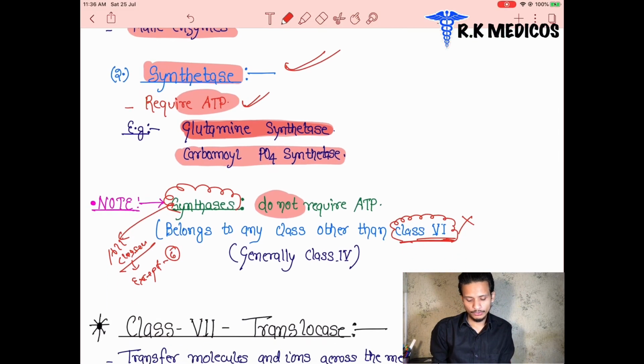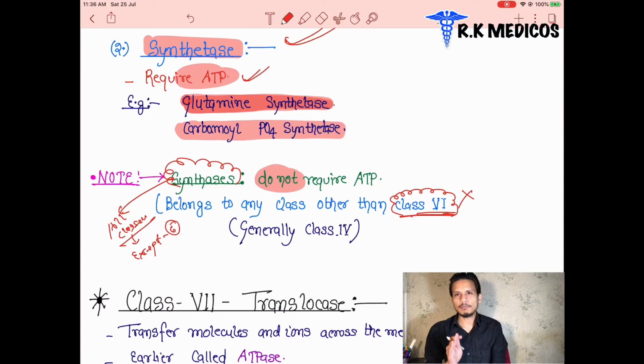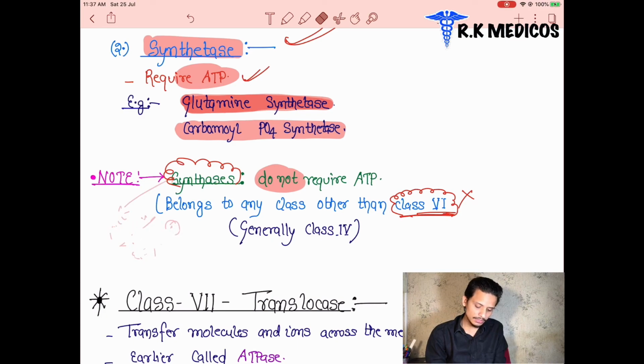What I'm going to tell you is that here the carboxylase and synthetase are included in class 6. It's good, but synthases do not belong to class 6 but to all the other classes. So it means they belong to the 1st, 2nd, 3rd, 4th, 5th, but not to class 6. Synthases do not require any energy, so there's no use of ATP. Now you tell me, what are the synthetase examples? That is glutamine synthetase and carbamoyl phosphate synthetase.